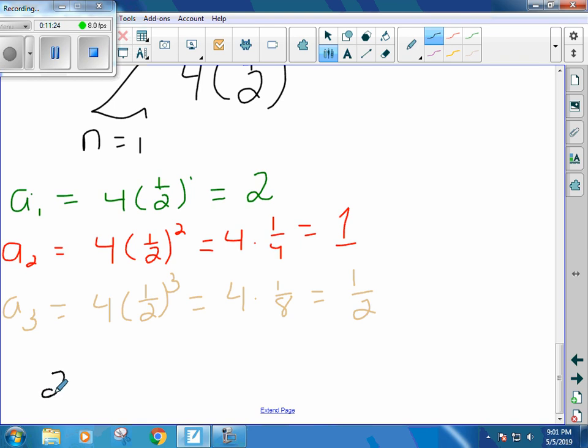I have 2 plus 1, which is 3, plus 1/2, so I'm at 3.5. So if I keep cutting each number in half, now I would be at 3.75. And each time I'm adding a smaller amount.